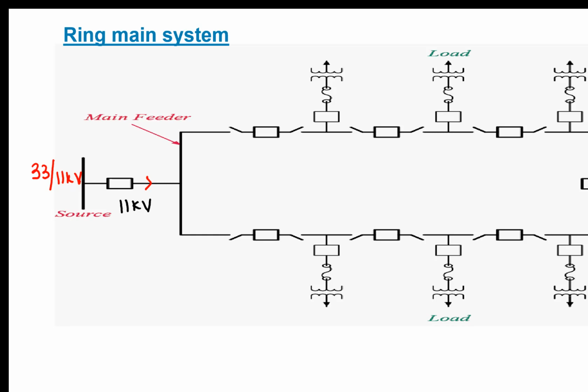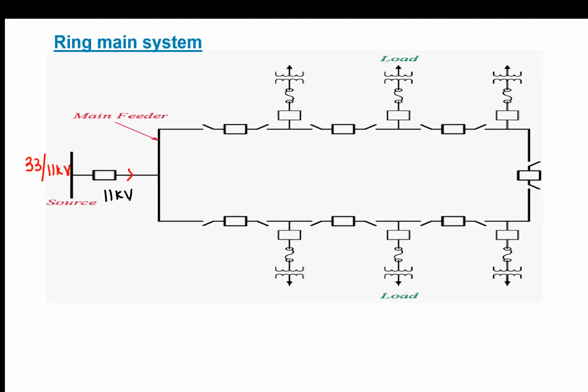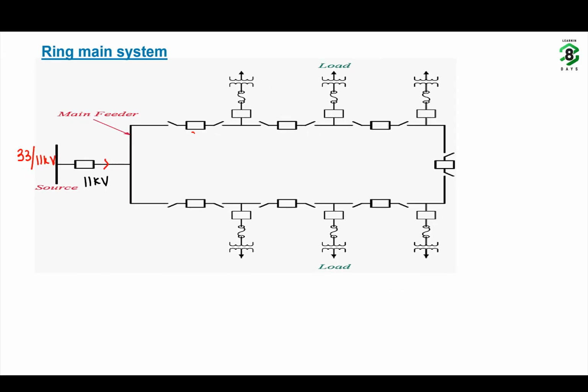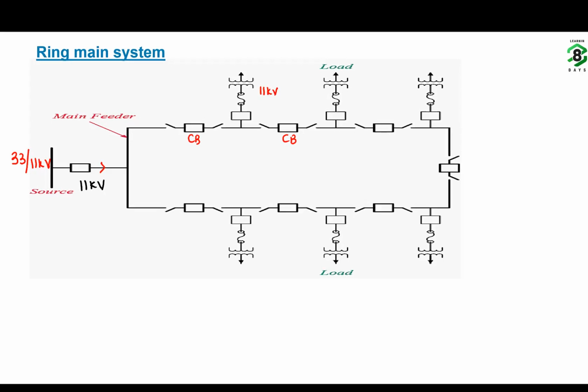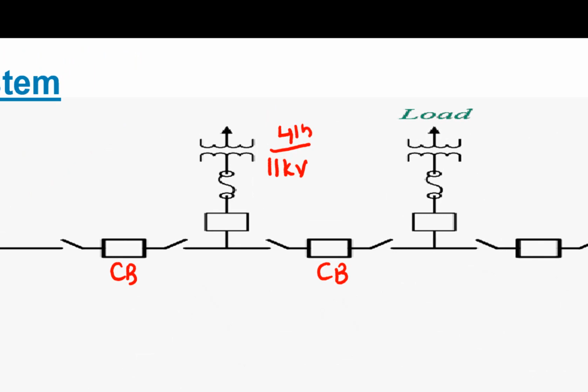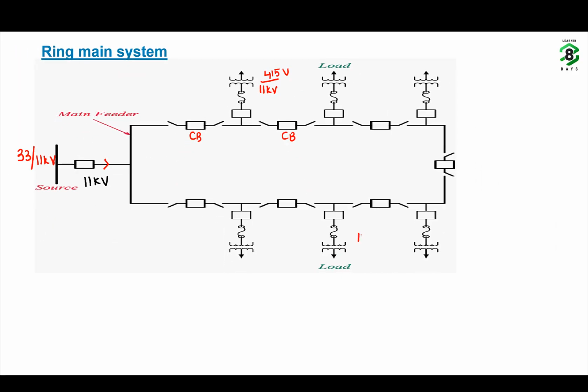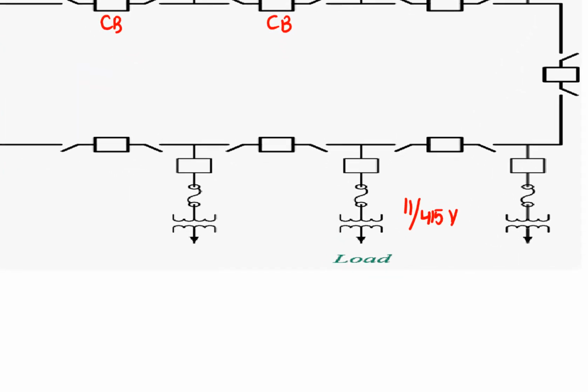The rectangular boxes are circuit breakers, and these are the 11 kV bar 415 volt distribution transformers which are supplying to the respective locations.